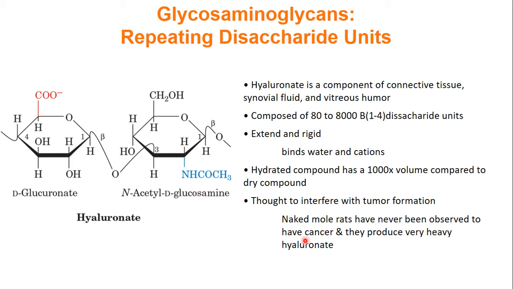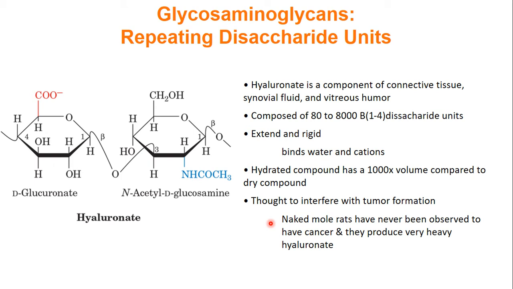There's a species out there in Africa called the naked mole rat, and nobody has ever found cancer in the naked mole rat. They live about 10 to 15 times longer than they should based on their size. Normal mice live like 3 years. The naked mole rat lives up to 30 years.